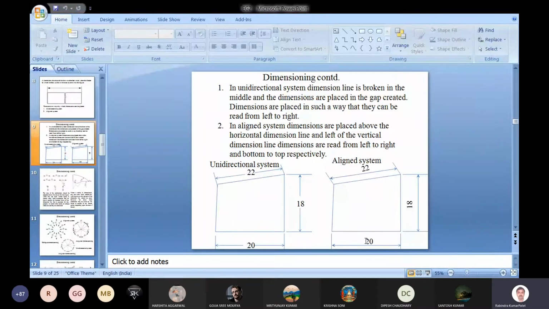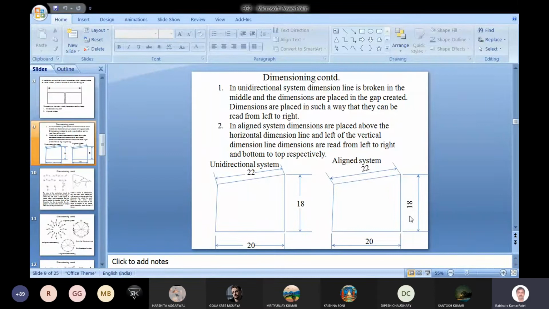On a horizontal line, it should be read from left to right. For a vertical dimension line, it should be read from bottom to top, like this. If we write it 9, here the dimension is 9. If we read it from bottom to top, we will be reading it 9. But if it is read from the top to bottom, it will look like 6.